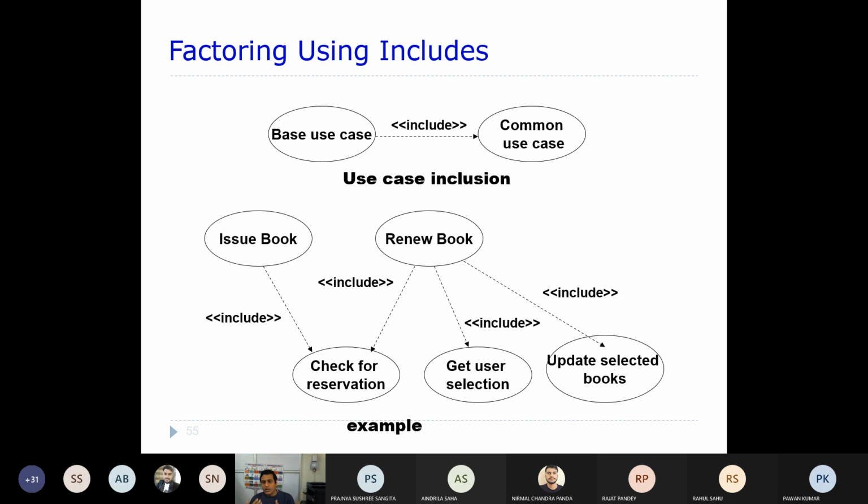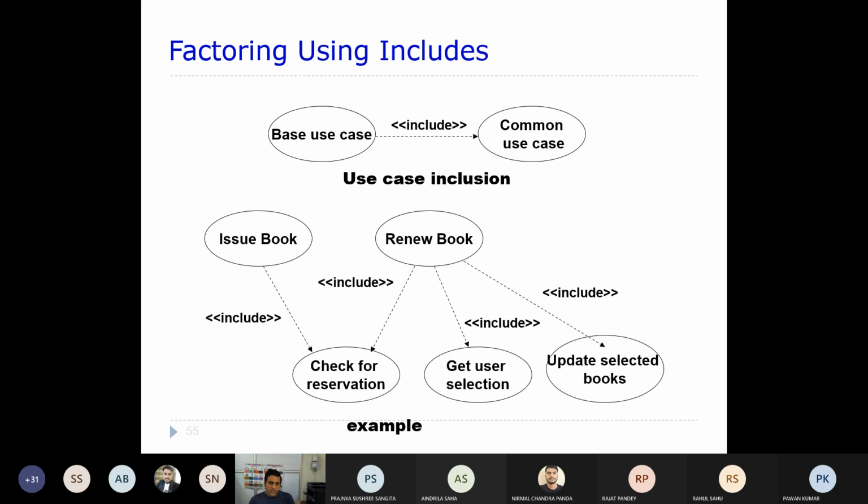So you always require scanf and printf, and because of this you always include that header file. Similarly, here every other use case is going to use that particular use case, so in that case you can have include.